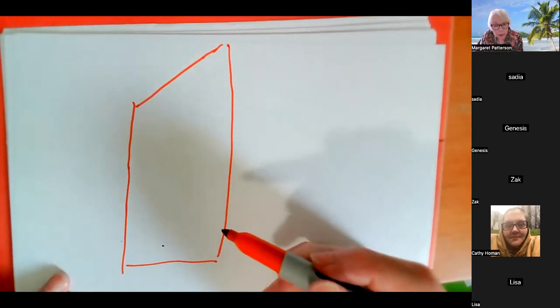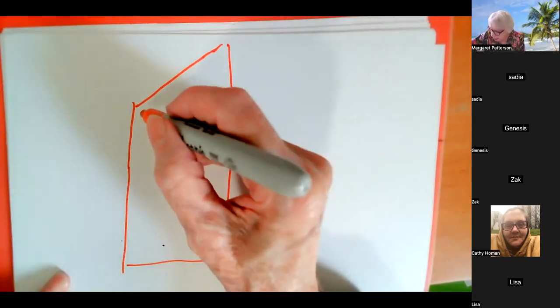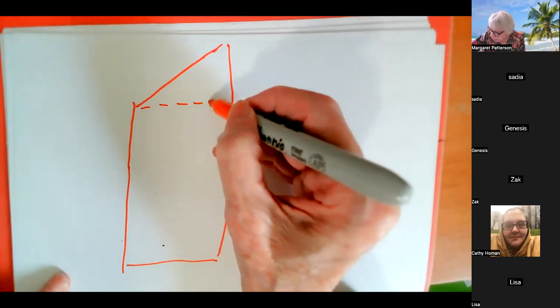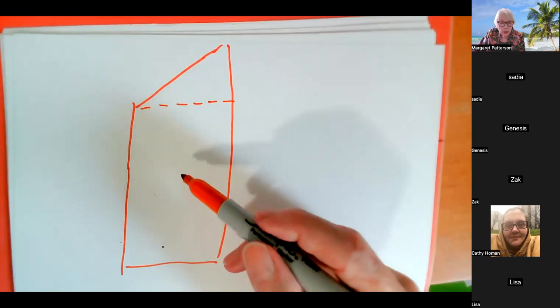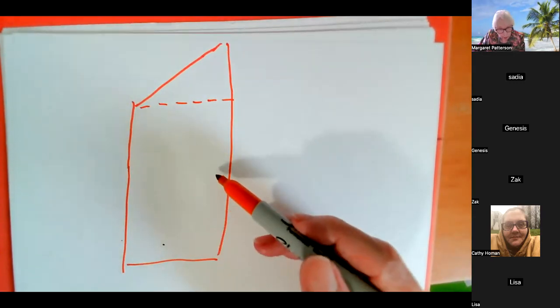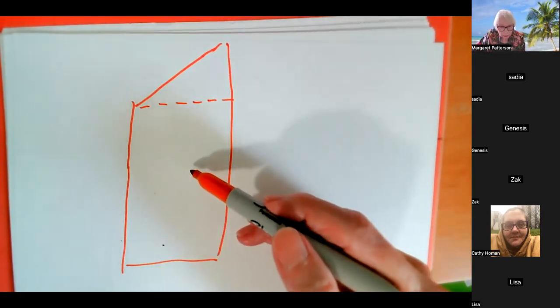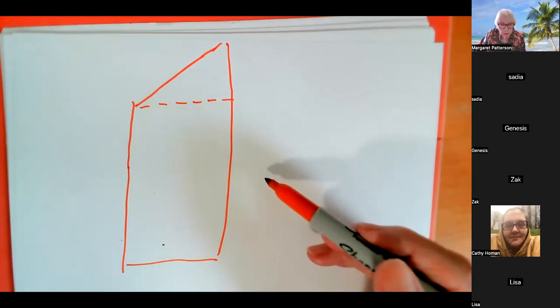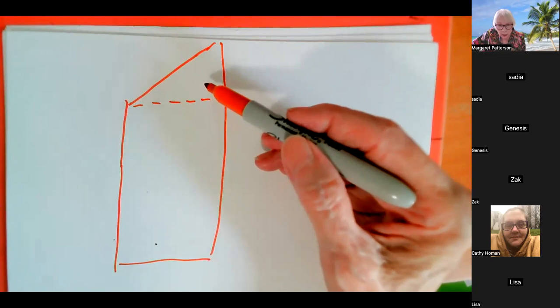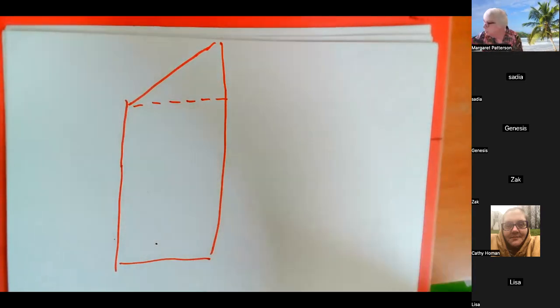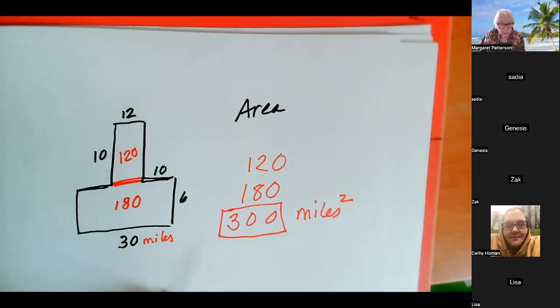So in order to calculate how much paint I needed, I had to break it down into two shapes that I had formulas for. So this part of the wall was a rectangle. And so I knew the formula for rectangle and I could measure it. This part was the triangle. And then I just added the two, just like I did with this one.